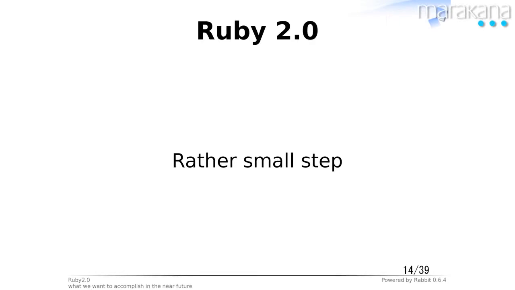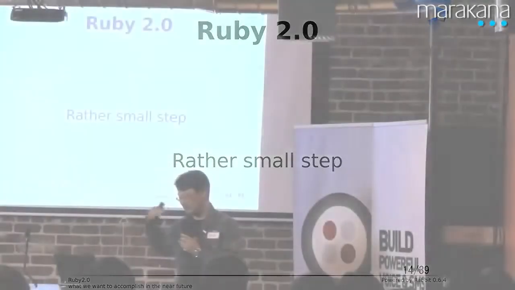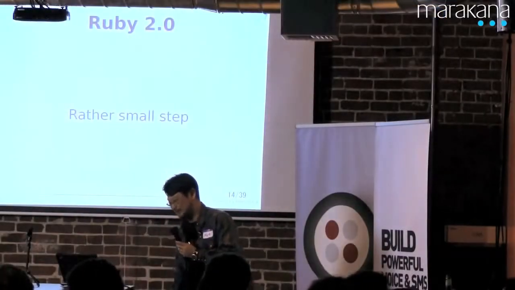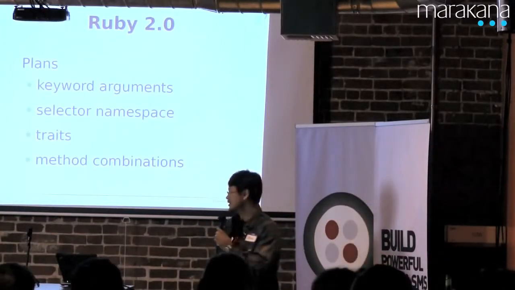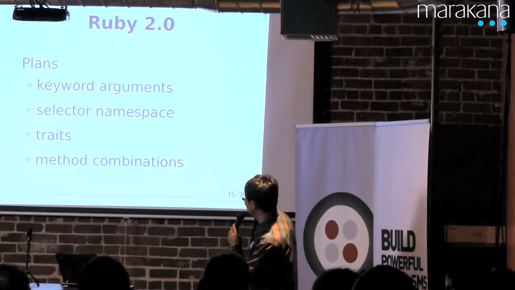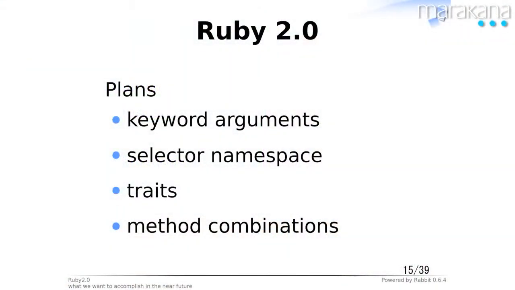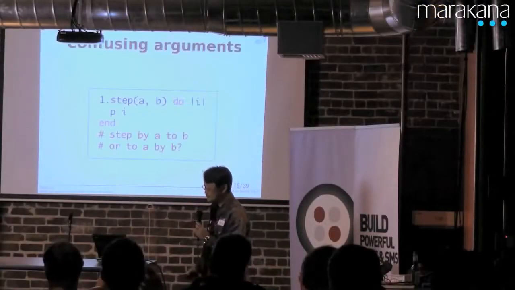But the changes are rather small, smaller than the ones we made in 1.9. The plans we want to make are these, for example: keyword arguments in Ruby 2.0, selector namespaces, traits, and method combinations. I will explain these one by one.